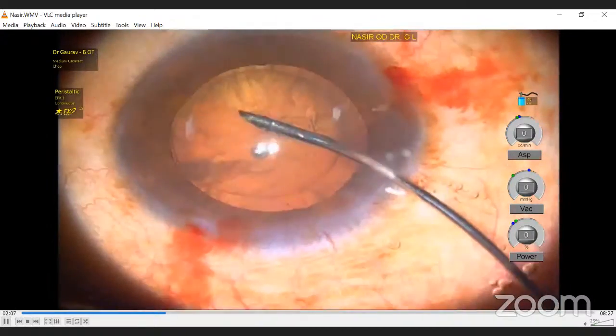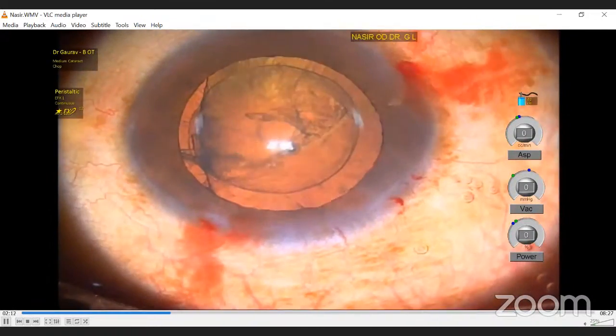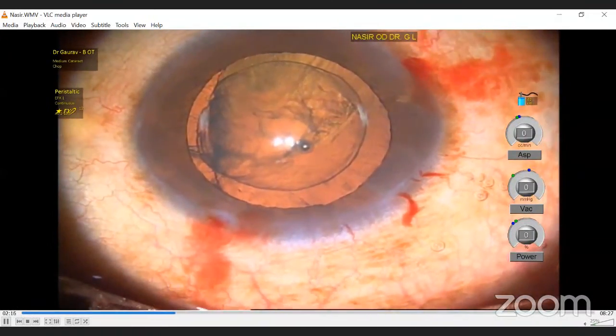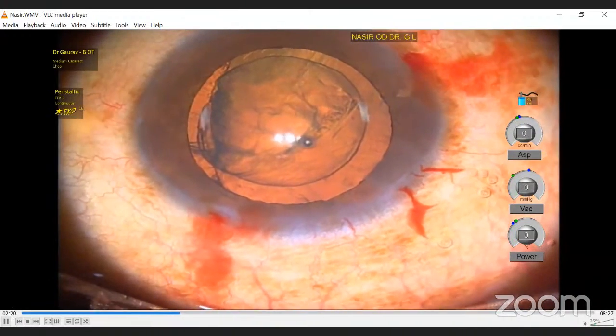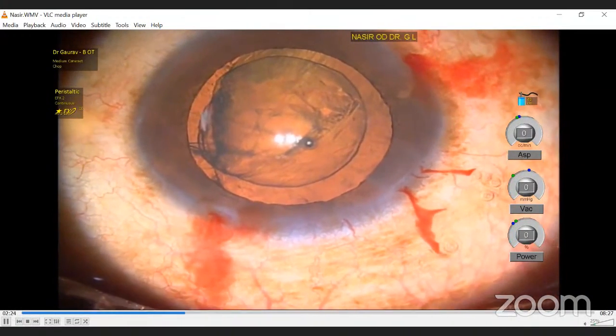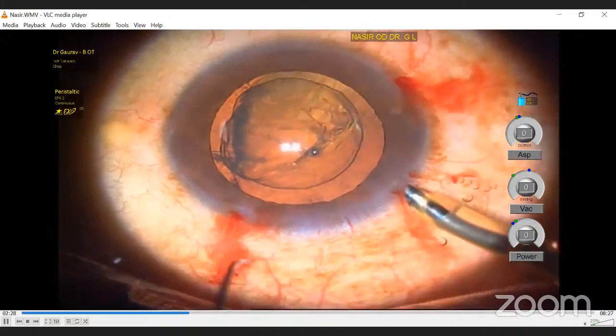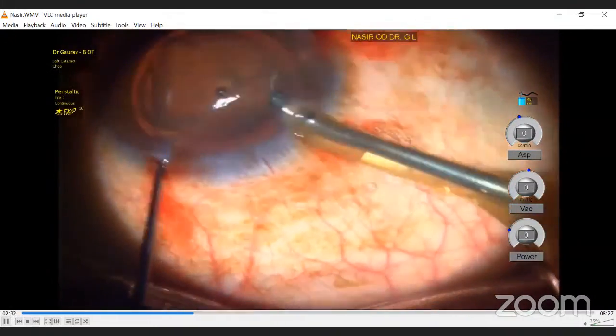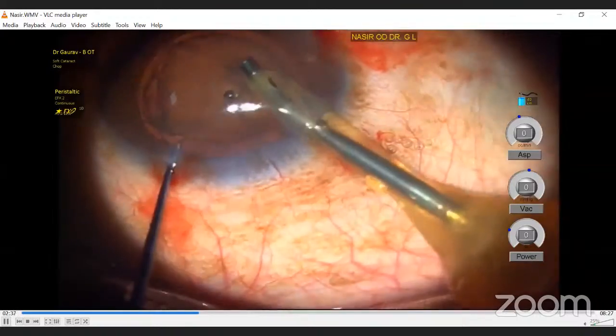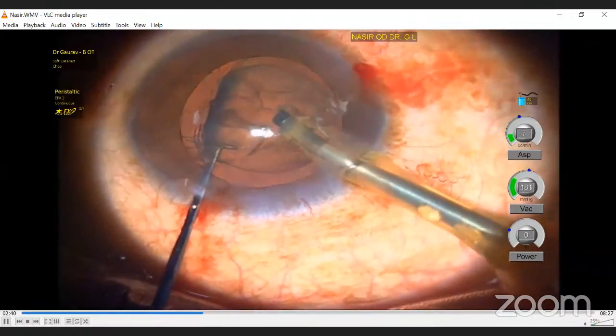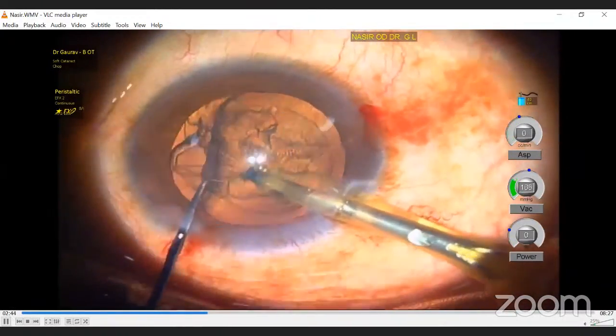Hydro was done. And we did a lens matter aspiration for it.